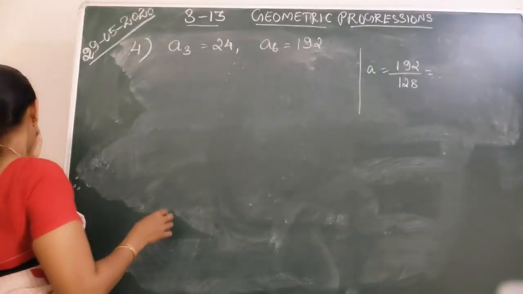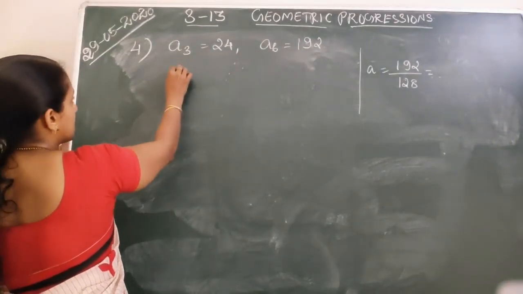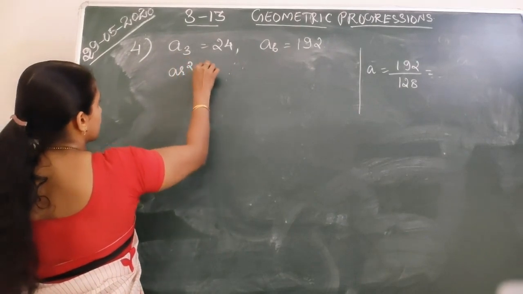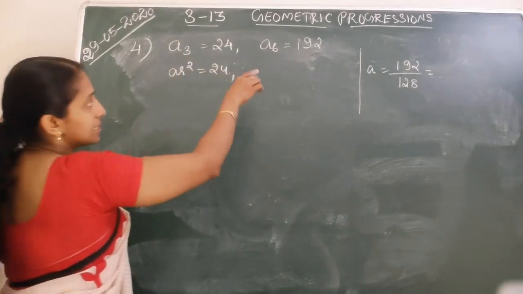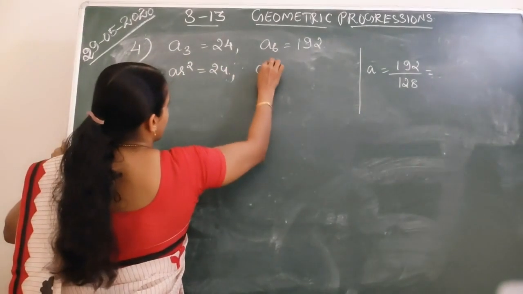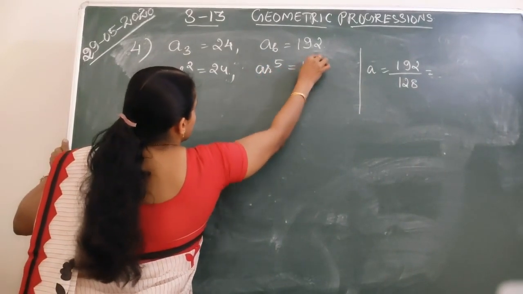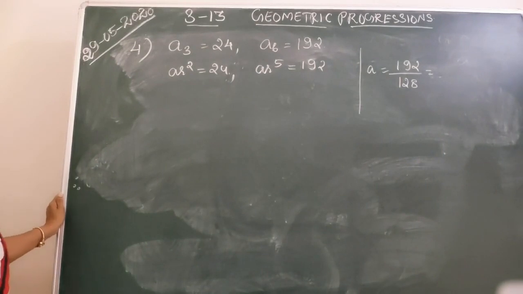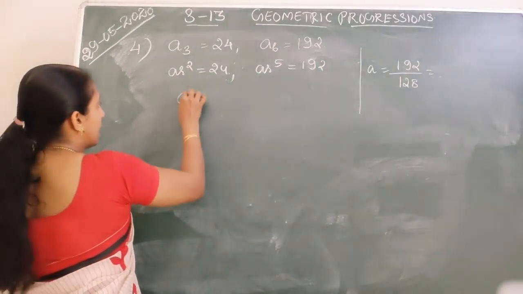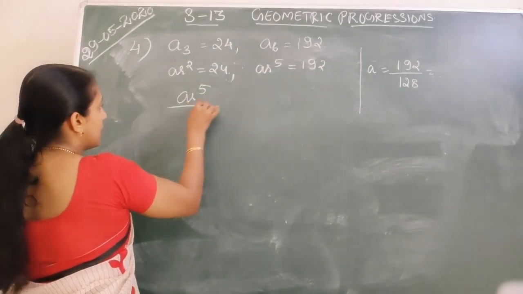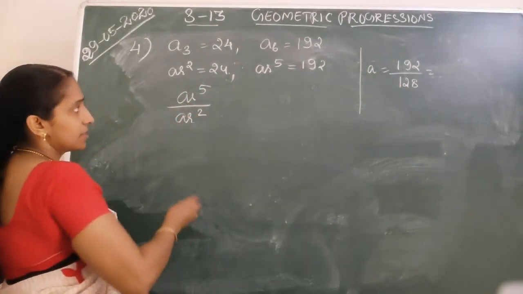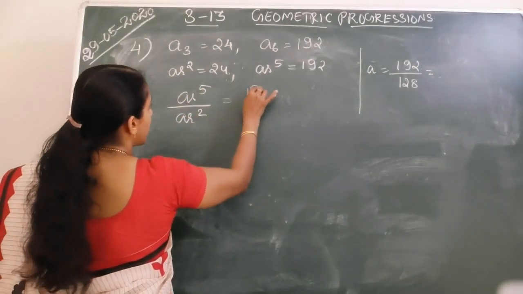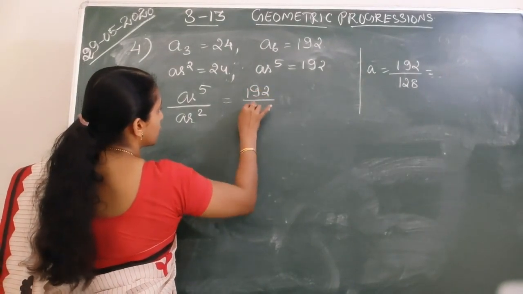A3 means AR square and A6 means AR5. To cancel A and A, of course you have to divide it. So you will do AR5 upon AR square will be equal to 192 upon 24.